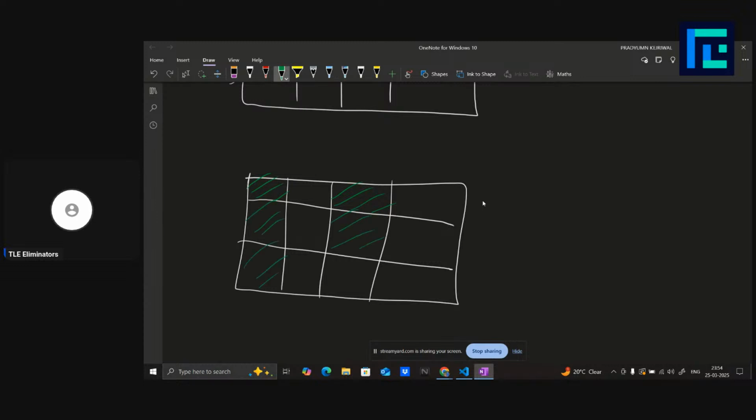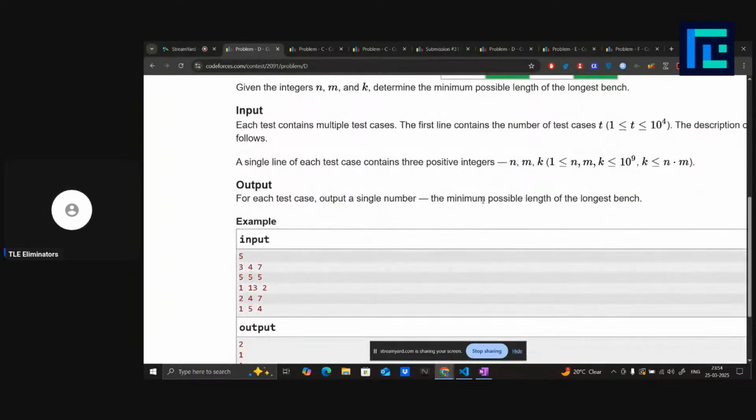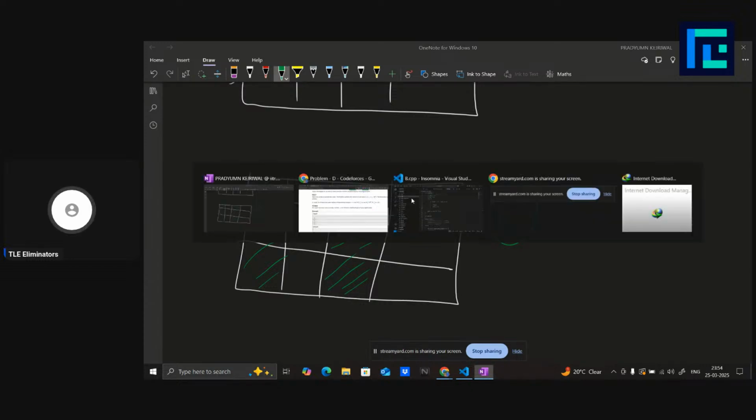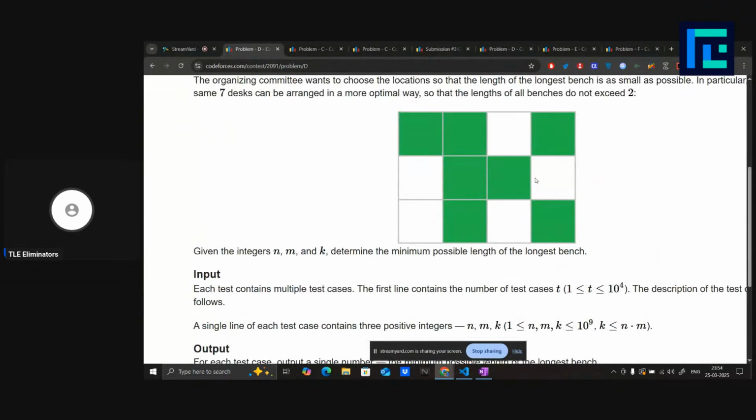Because you cannot color two adjacent in the same row, at max you can only color 6, but you have to seat 7 people, so therefore you will have at least two length benches. So this is a valid coloring.